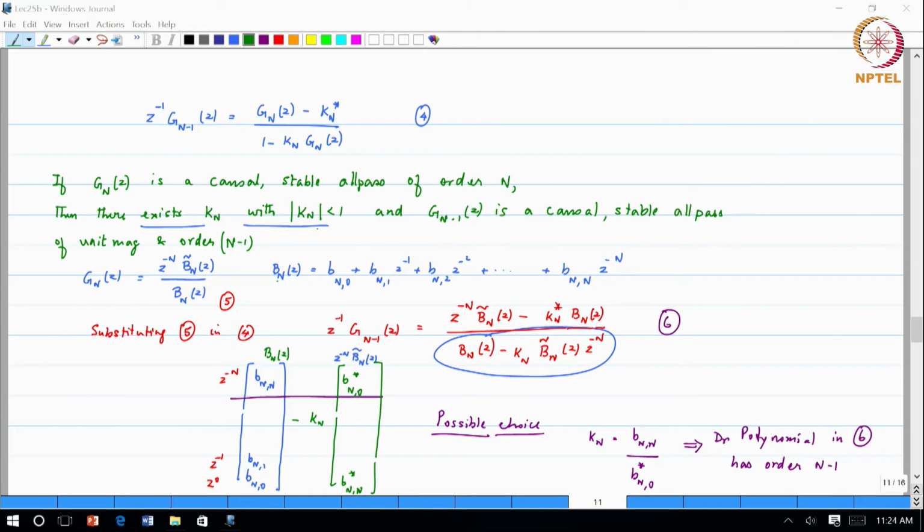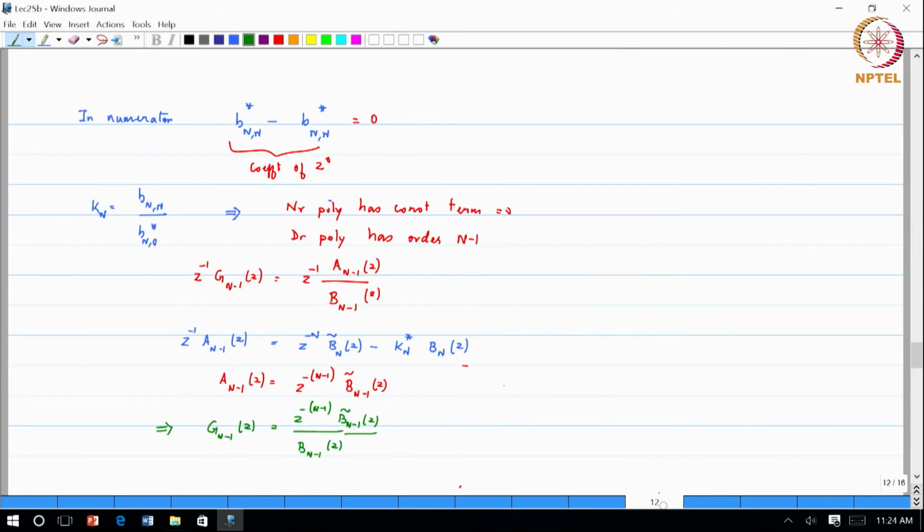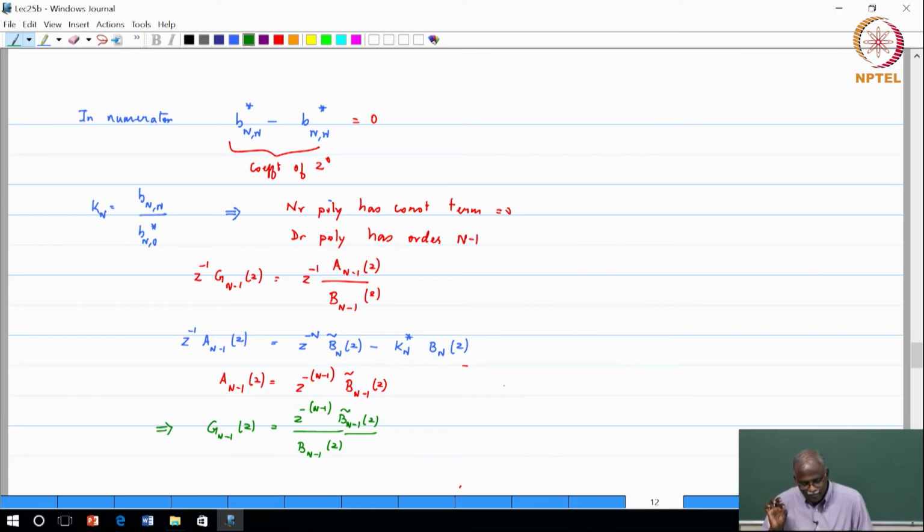We have not yet shown that Gn minus 1 is stable. So, those are yet to be shown, but at least we have come to the part of saying that, okay. So, now at least we have shown that Gn minus 1 is also all pass. Gn all pass, causal stable all pass, we have been able to show that Gn minus 1 with the appropriate choice of Kn will come out to be an all pass function.